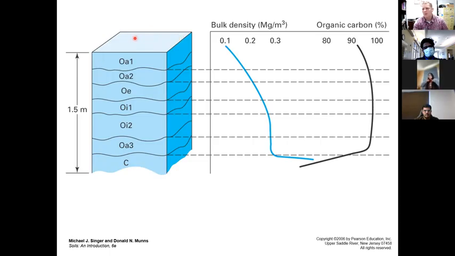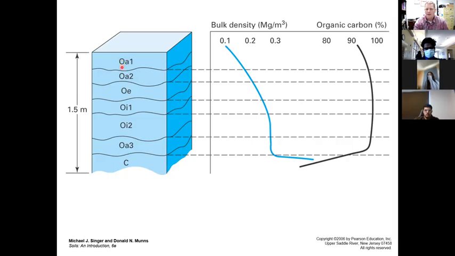So if we were to go out somewhere in the middle of a field and take a backhoe and dig a meter by a meter by a meter deep, this is what we'd end up with, and that's called a pedon. Okay. And as these pedons exist, they generally have different layers to them. And what we're looking at, this O right here, we're going to learn a bunch about this in the near future. But for right now, all you need to know is that this is an organic soil.